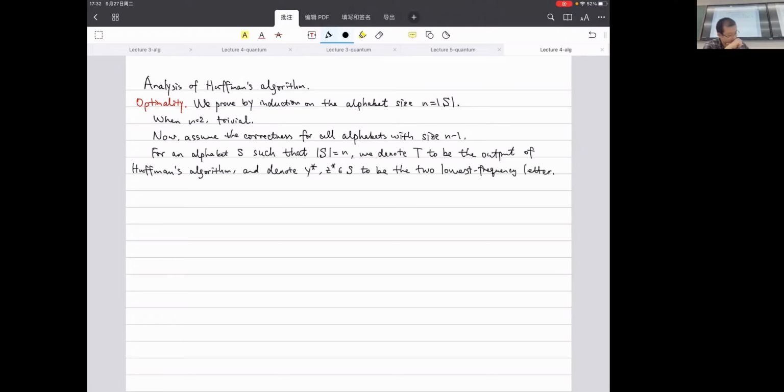So this is just notation. Because we want to use induction, we want to use one step before.